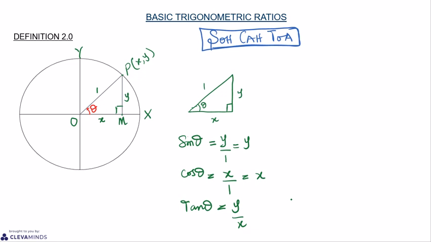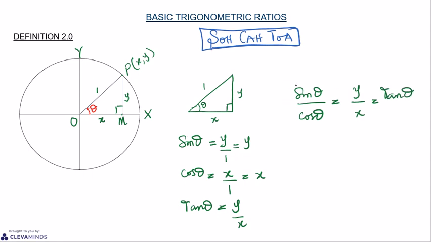So now we have just established the concept of using basic trigonometric ratios to obtain trigonometric values. So again, if we do sine theta over cos theta, we obtain y over x, which gives us tan theta.